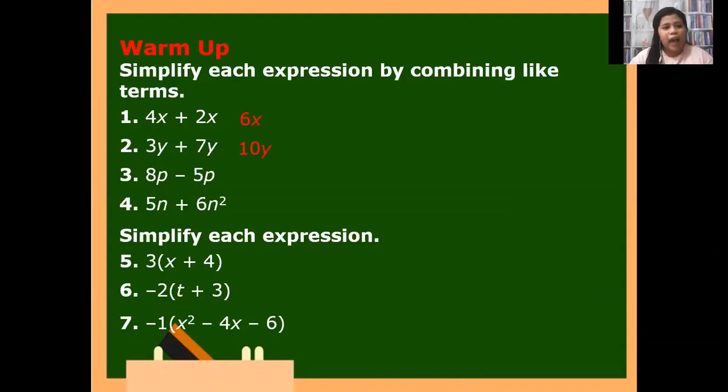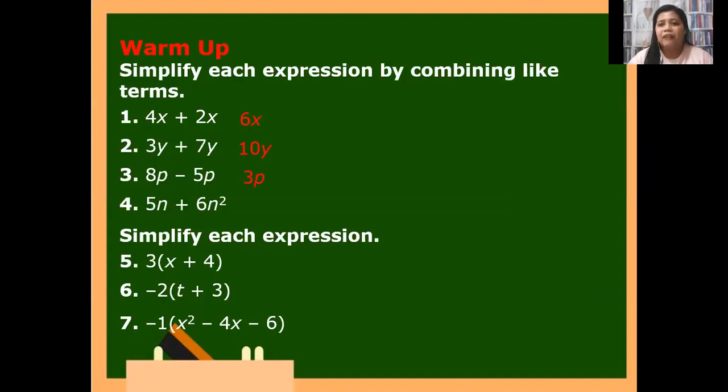And next we have number 3, 8p minus 5p. The operation there is minus, so we need to subtract. We can subtract because they have the same variable, which is p, and the exponent is 1. Now 8p minus 5p, the answer is 3p.